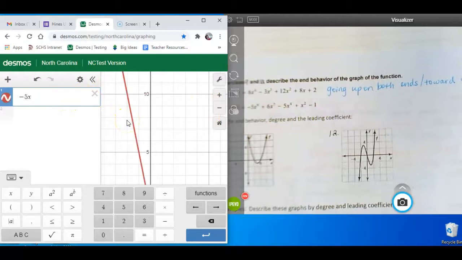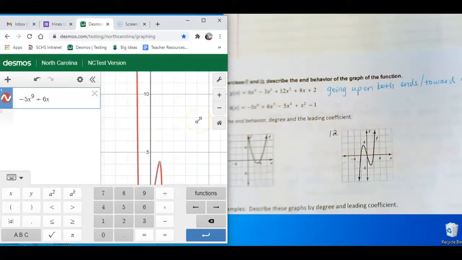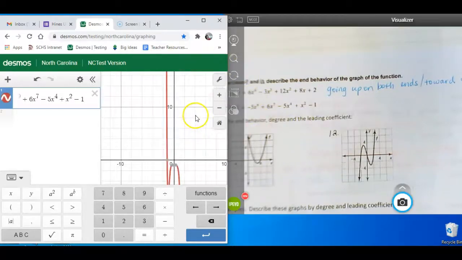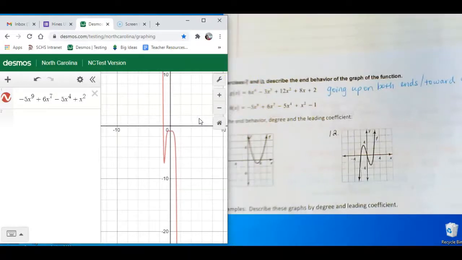negative 5x to the 9th, that's really weird, plus 6x to the 7th, minus 5x to the 4th, plus x squared, minus 1. Okay, here's that graph. Alrighty, so we've got something weird going on here.